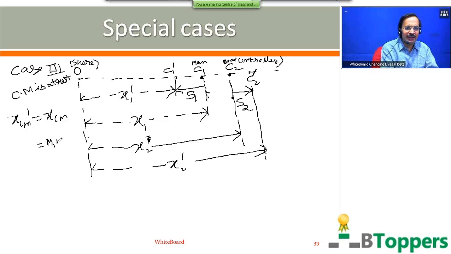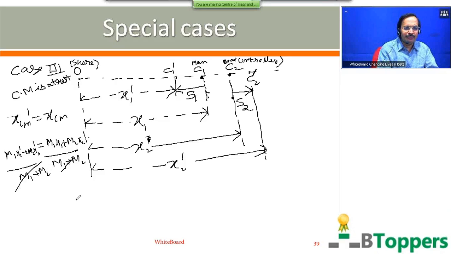Xcm can be written as m1 x1 plus m2 x2 by m1 plus m2. Xcm dash you can write as m1 x1 dash plus m2 x2 dash by m1 plus m2. So m1 plus m2 gets cancelled on both sides.